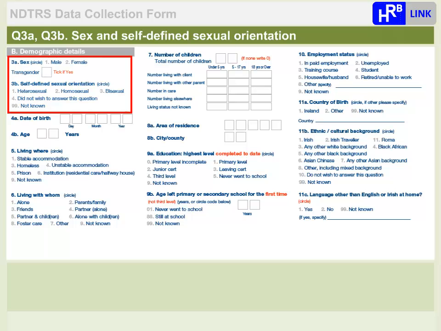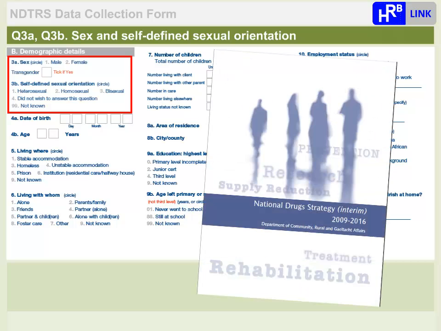Question 3a, Sex, and Question 3b, Self-defined sexual orientation. The gender field on the old form has now been replaced by two new fields. The rationale for collection of data on self-defined gender and sexuality comes from specific actions contained in the current National Drug Strategy, or NDS.